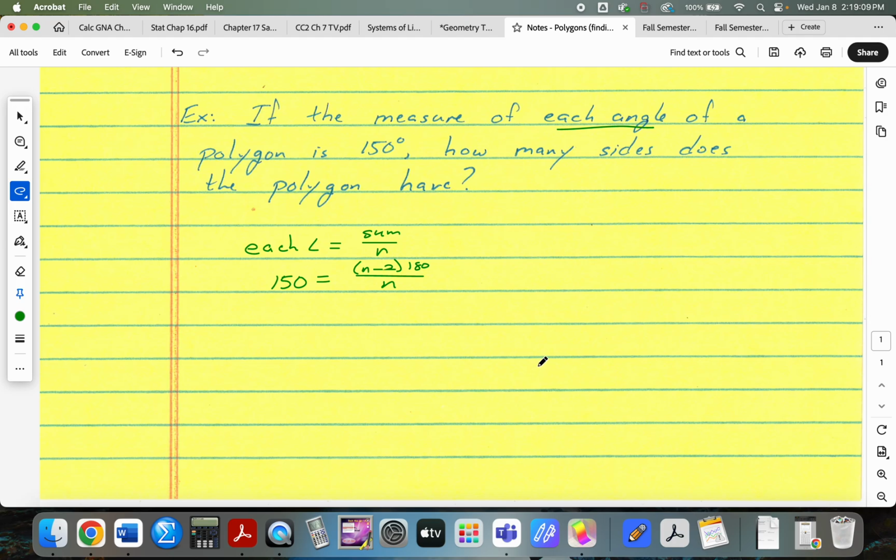I'm going to start off the same way I did on the last one. Put this over 1 and I'm going to cross multiply. So that's 150n is equal to n minus 2 times 180.